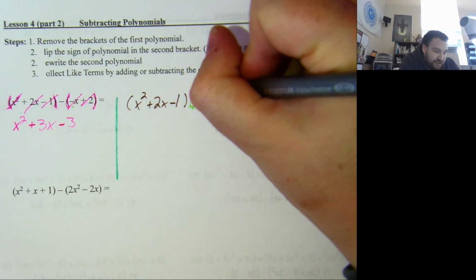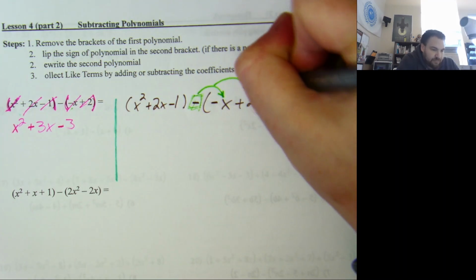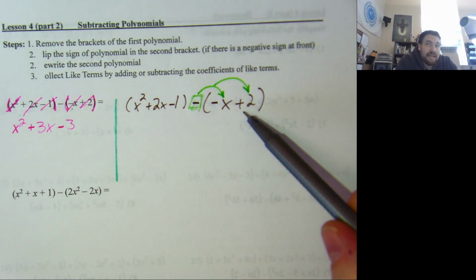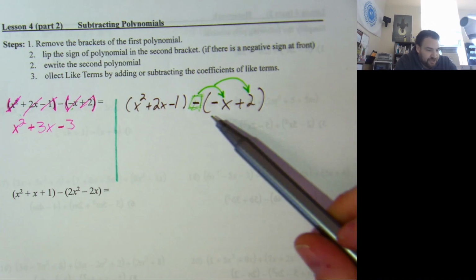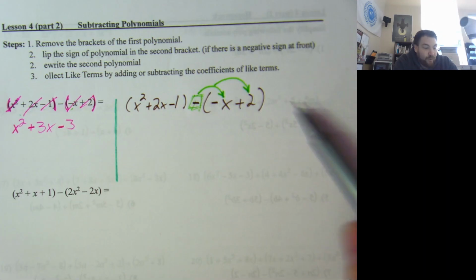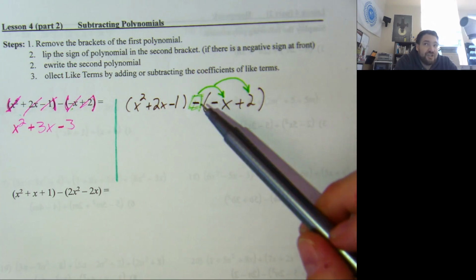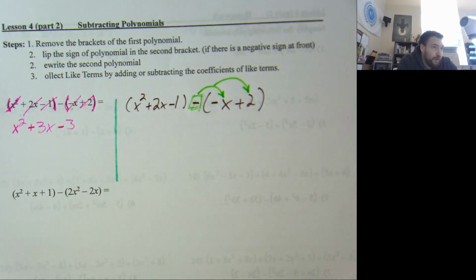And I'm going to bring it into each of the terms in our second polynomial, the thing that we're subtracting. And when I do this and change the signs accordingly, we can drop the brackets and proceed just like we were with adding.